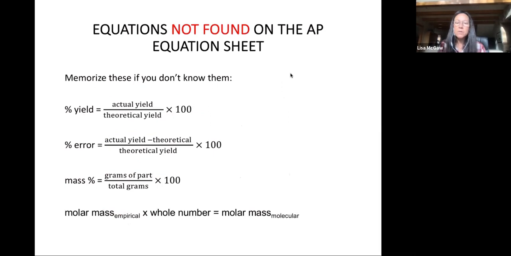And then there also are some equations that are not found on the AP equation sheet that come into stoichiometry and mass, and think about lab kind of things that you might do. So percent yield or percent error, those are never given, but still asked about. And then maybe mass percent, which again is just a part out of a total, so that's not so bad.